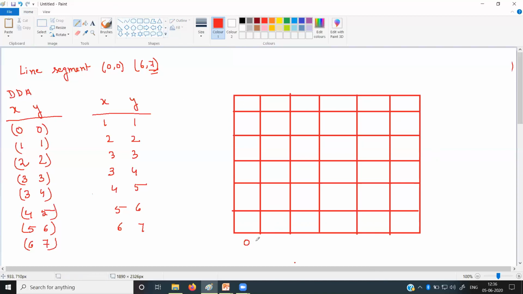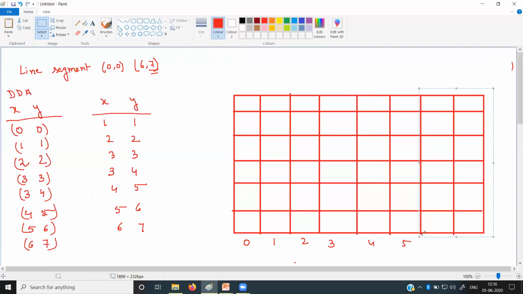It will be 0, 1, 2, 3, 4, 5, and I need 2 more, 6 and 7, and again it is 0, 1, 2, 3, 4, 5, and 2 more here.